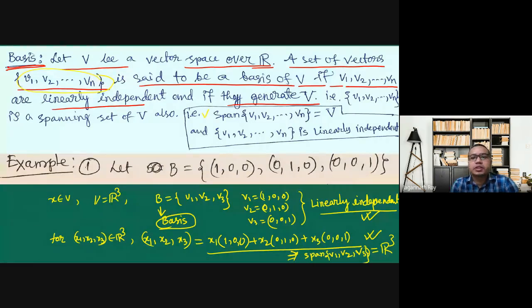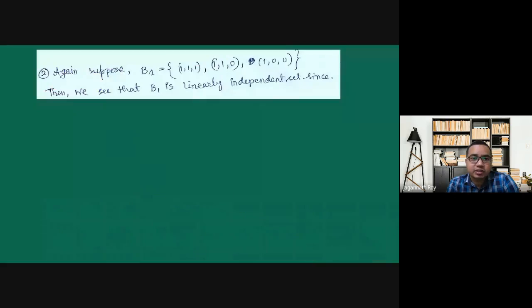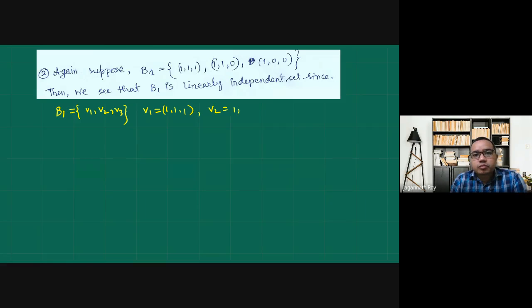Now the question is, is it the only basis? Can there be more than one basis? The answer is yes. We'll see another example. Here V1 is 1 1 1, V2 is 1 1 0, and V3 is 1 0 0.